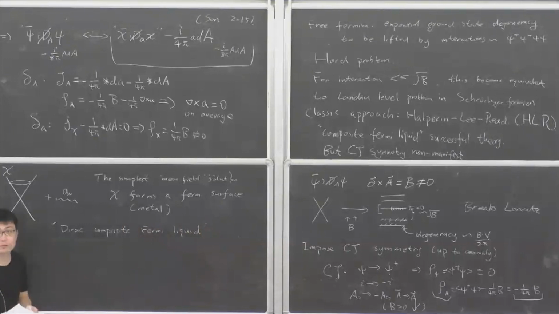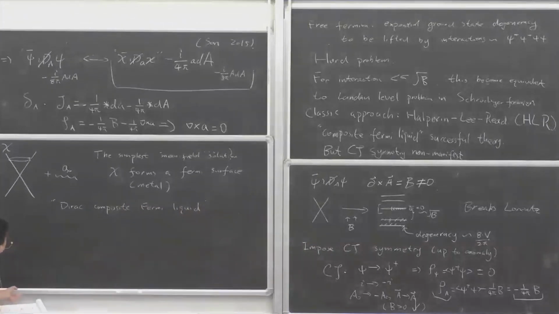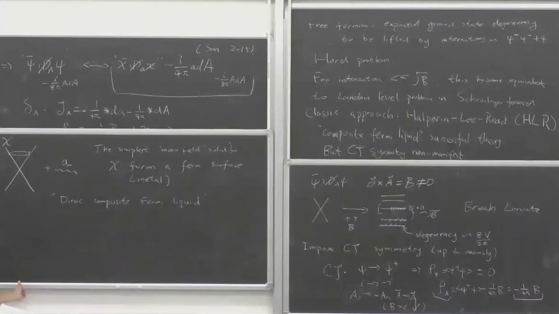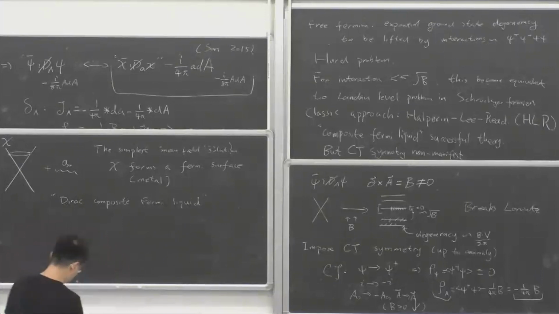Any questions so far? Yeah. So it's a highly gapless state. In fact, it's more gapless than a CFT because you have an entire Fermi surface, and essentially at every point on the Fermi surface you get some gapless degree of freedom.